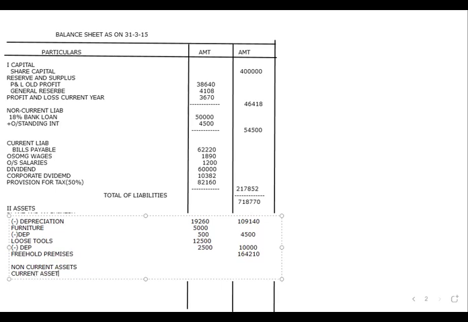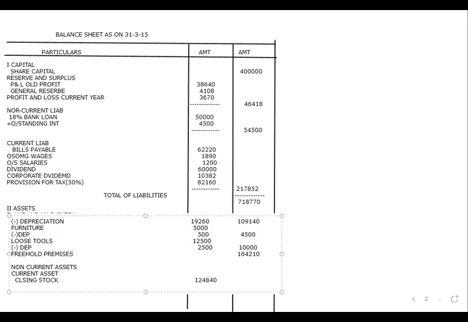So in current assets, under that he gave first closing stock, which is given as 1,24,840.